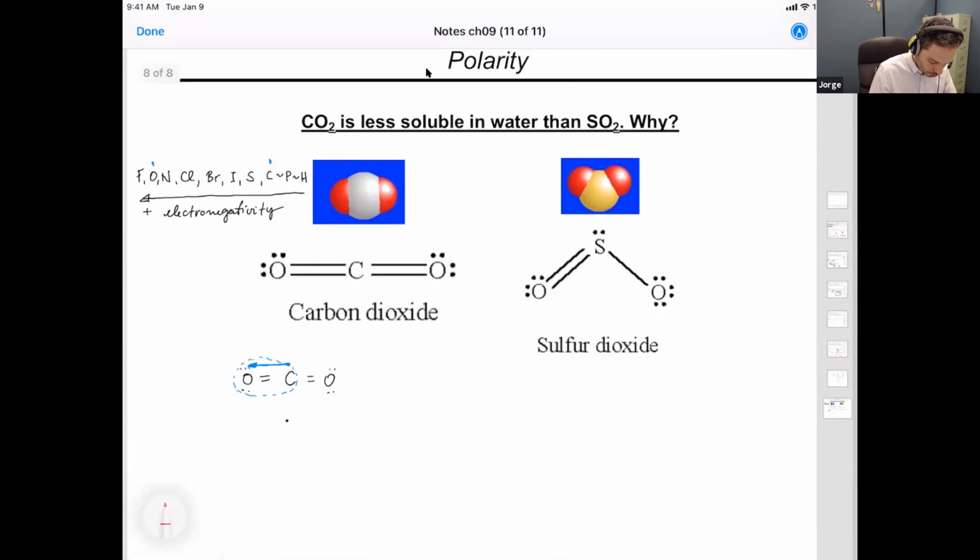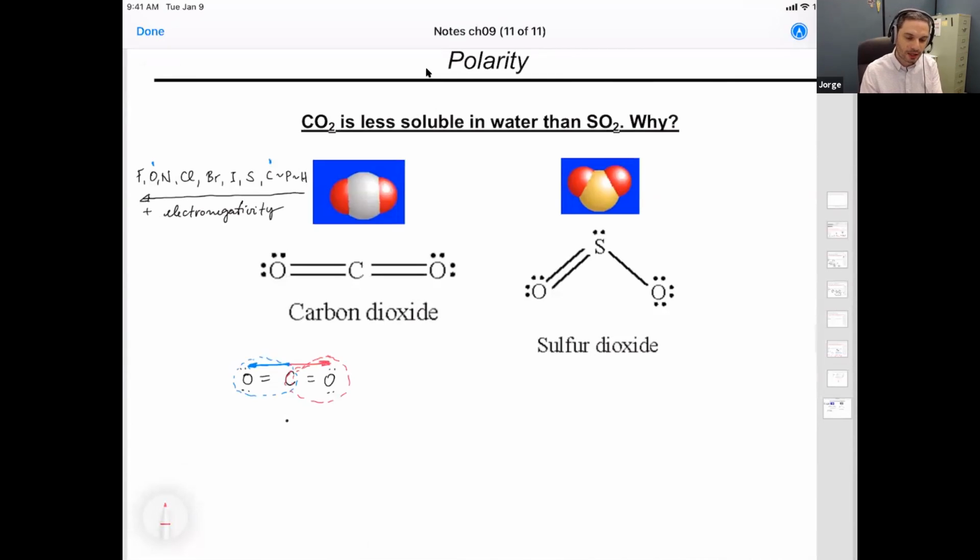And then we are going to do the same thing for the oxygen to the right side of the compound. So it's the same case. Oxygen wins the battle. And to represent that, I'm going to draw a vector here that's pointing from carbon towards the oxygen, always from the less to the more electronegative atom.